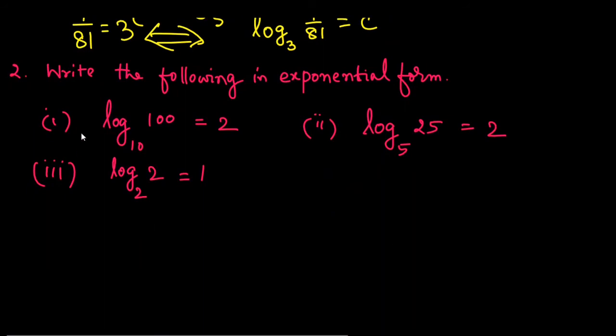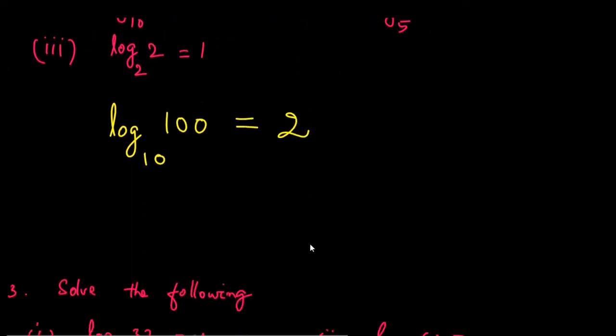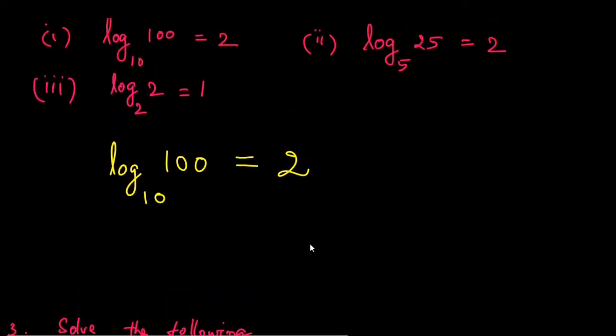Now in second one, we are given with logarithmic form and we have to write it in exponential form. This is log 100 to the base 10 is equal to 2.